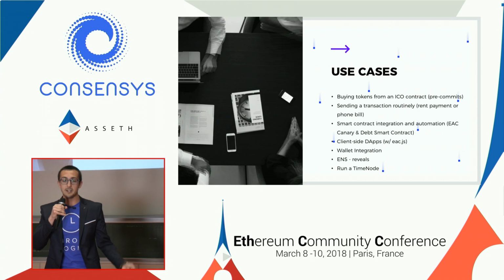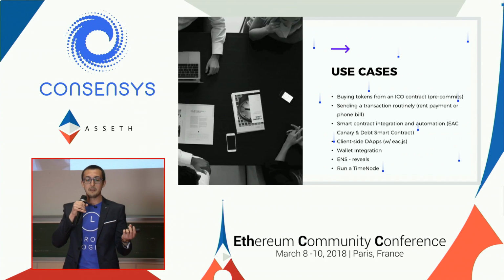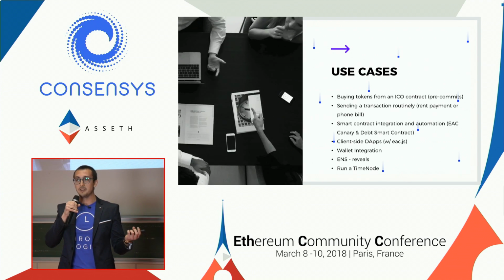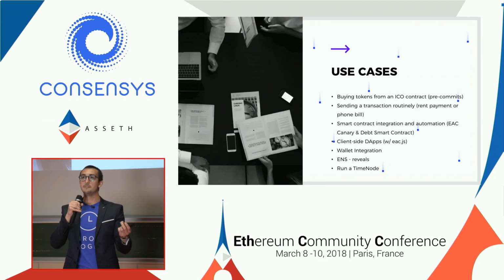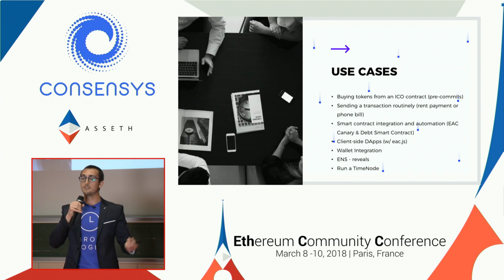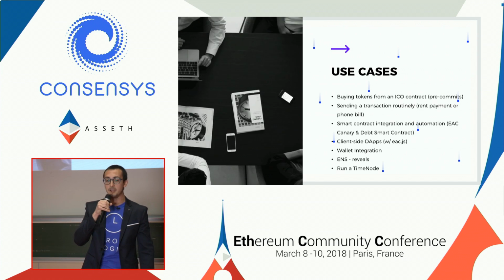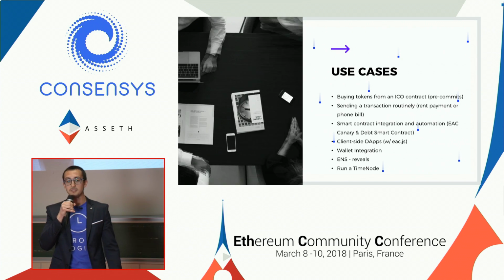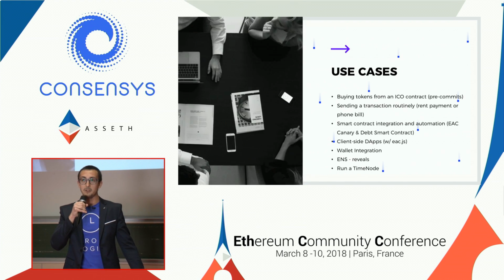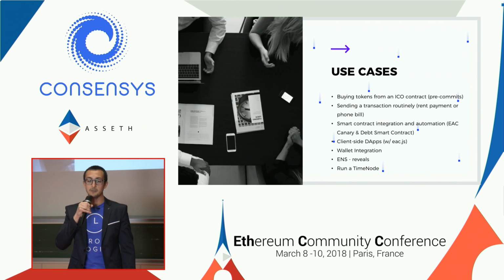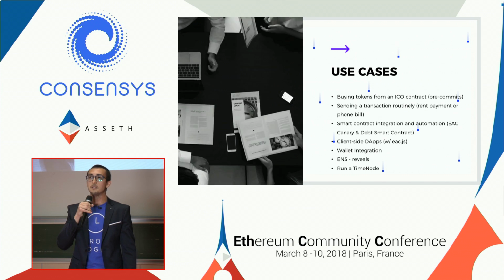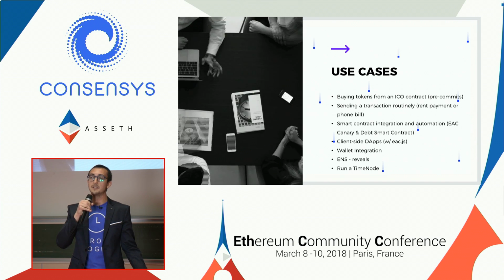The EAC Canary is another dApp from Piper, and what it does is it schedules to itself every 2 hours just to make sure the service is working. We're hoping to see a lot of client-side dApps use the alarm clock, wallet integrations, and a really cool use case is the ENS, the Ethereum name system.